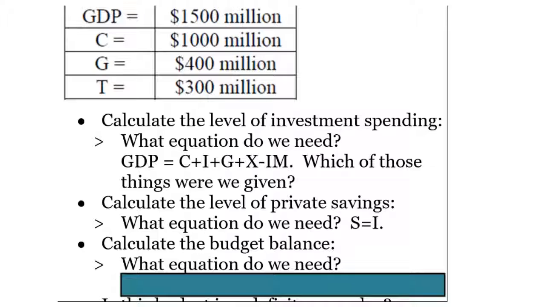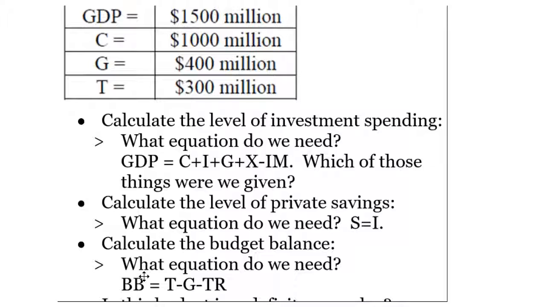And then for budget balance, which equation can we use for that? It's BB equals T minus G minus TR. Now in this case, we don't have transfers, but the question said that there are no transfers in the economy.